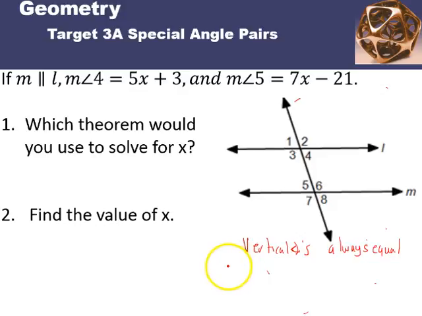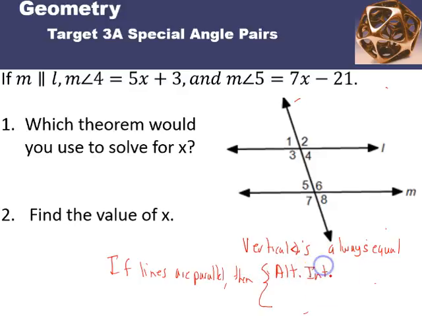Okay. Now the 3 of the others, so if the lines are parallel, then these 3 angles are equal. So the 3 angles are alternate interior angles are equal.